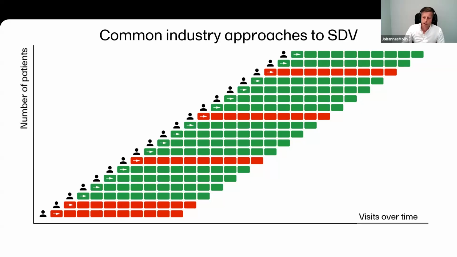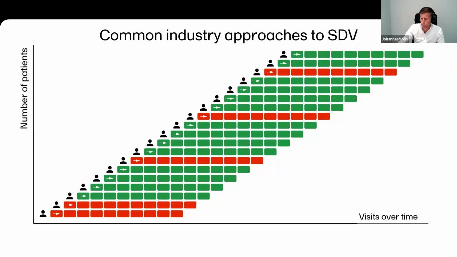So visualized here is a common model, probably the most common model of them all. In this example, you see that the first two subjects are being SDV'd with a high level plan. And then you can see that every fifth subject is being SDV'd with that high level plan. Of course, that varies. It could be every third patient, every seventh, and so on. But something like this is a very common approach.